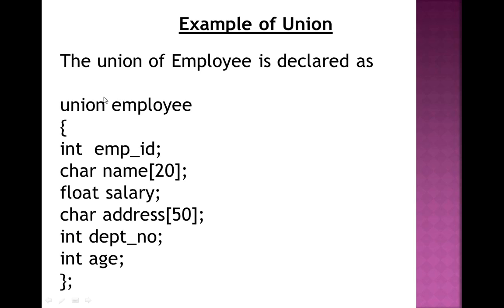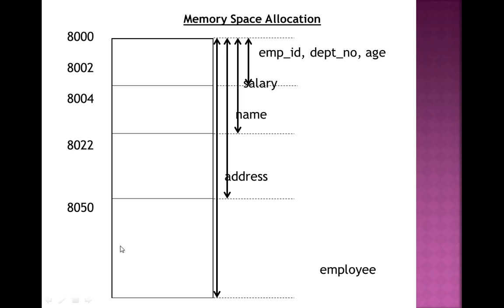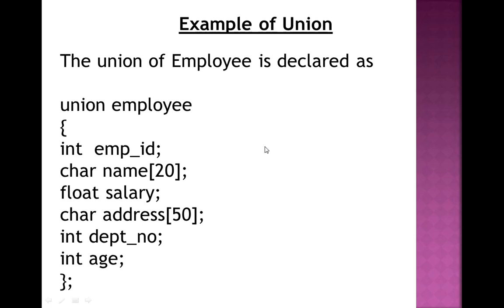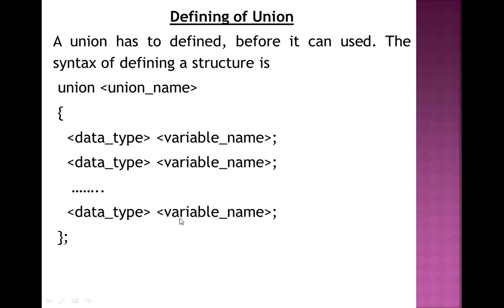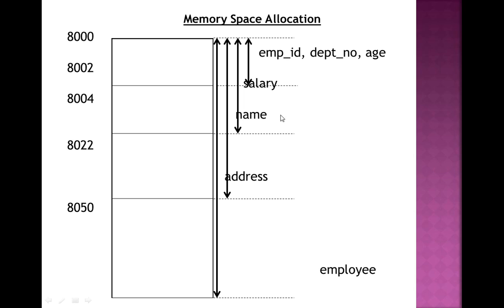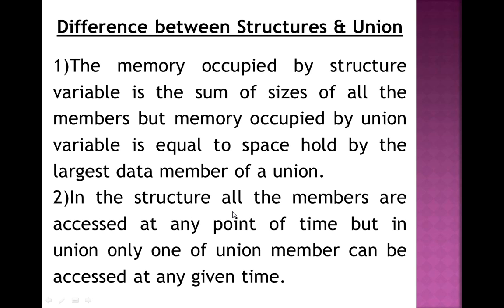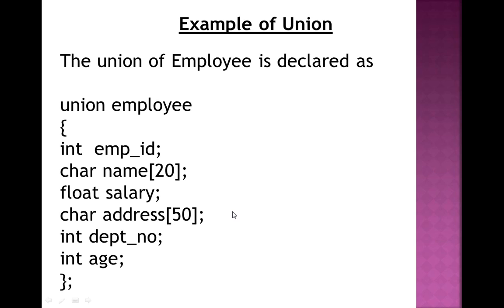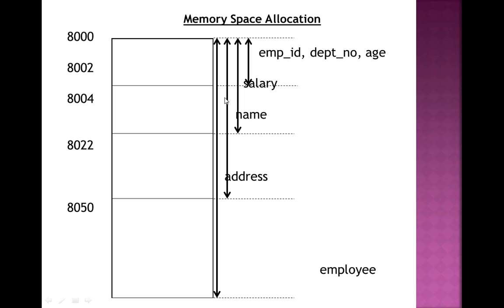The employee example is the same, but instead of struct, I am using union. This is union employee with employee ID, name, salary, address, department number, and age. Then the curly brace closes. This is how the memory is allocated. Address is 50 bytes, which is the highest one. So the whole memory is 50 bytes, and we can store the data within those 50 bytes.